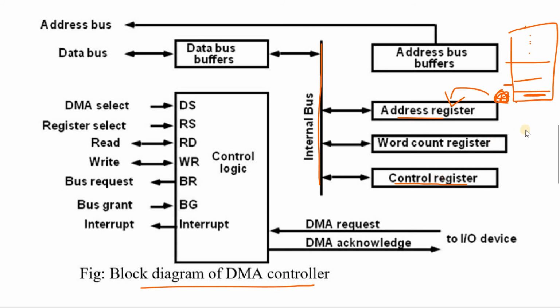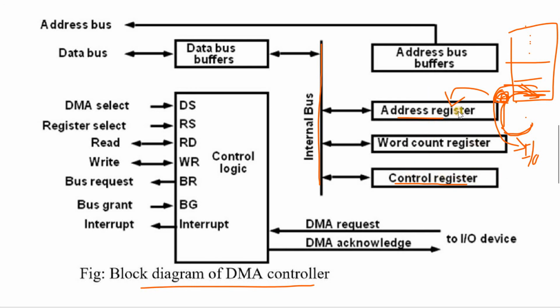Write transfer means we are writing data into the memory locations from outside IO devices. That is called write transfer. If you want to read the data from the memory location to the IO devices, that is called read transfer. The binary values of the control signals for the type of transfer mode are held by the control register.